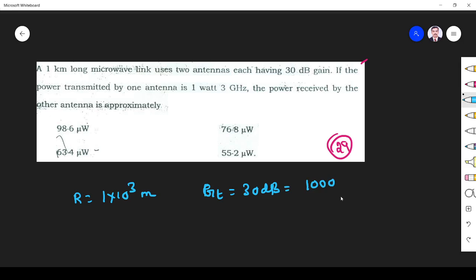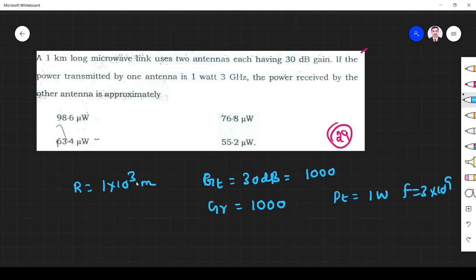If you have any doubt, please refer to my video on how to convert dB into decimal value. The receiver antenna also has the same gain, so it is 1000. Power transmitted is 1 watt. Frequency is 3 gigahertz, 3 into 10 power 9. What is the power received?